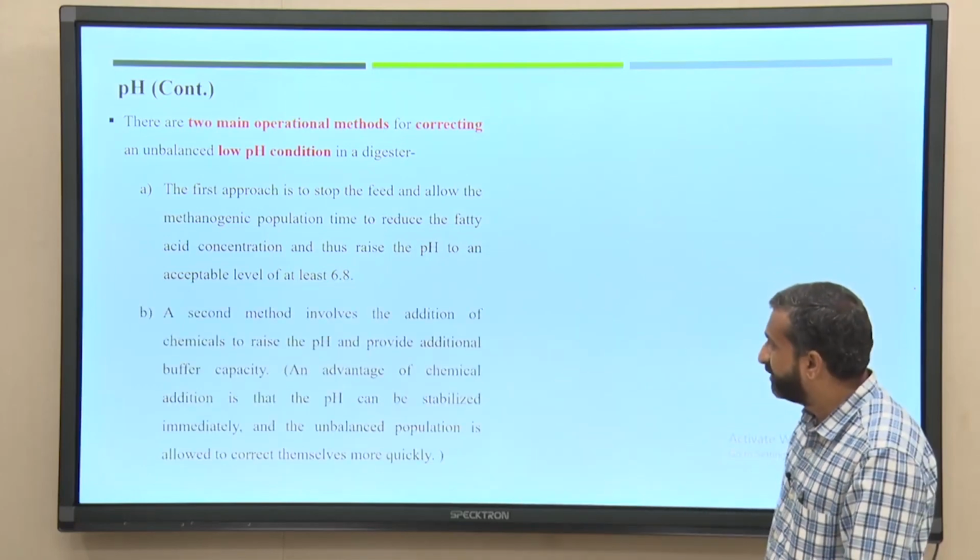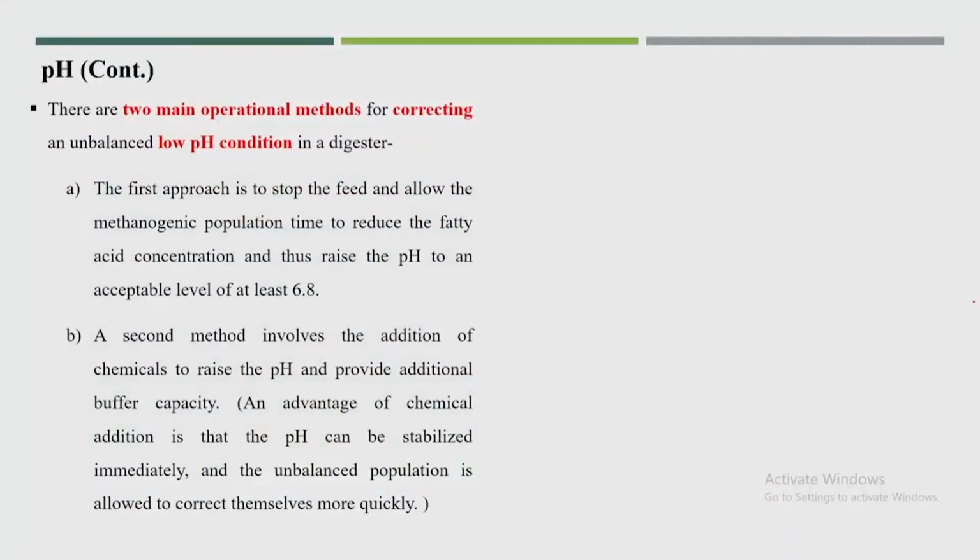The second method involves the addition of chemicals to raise the pH, which can provide additional buffering capacity for that particular mass. The advantage of this chemical addition is that pH can be stabilized immediately and the unbalanced population is allowed to correct itself more quickly.